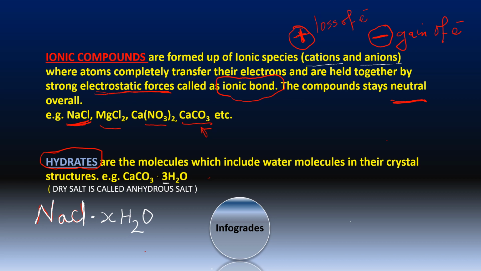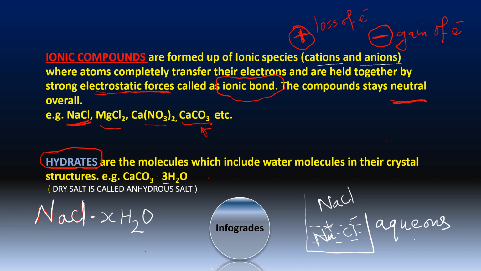Other than that, don't confuse the hydrates with aqueous solutions. In aqueous solutions, if we dissolve, let's say, NaCl in water, NaCl is going to break down into Na positive ions and Cl negative ions. So when we dissolve salt in water, it's called an aqueous solution. Aqueous solution means the salt is getting dissolved, and of course the salt breaks down into ions.